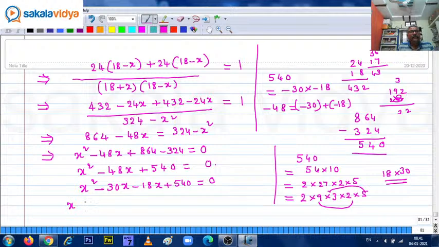So take x common out. What do you get? X minus 30, minus 18 common, x minus 30 equals to 0. Now x minus 30 multiplied by x minus 18 equals to 0.